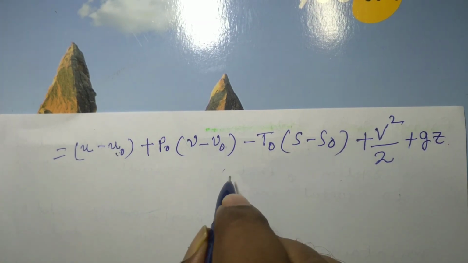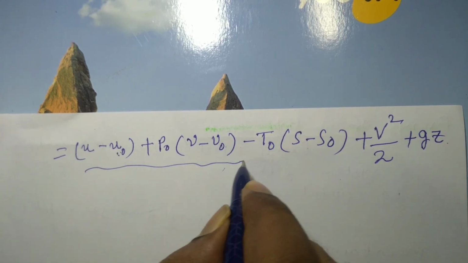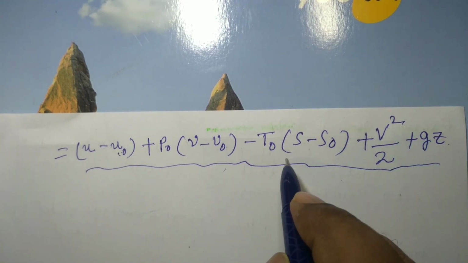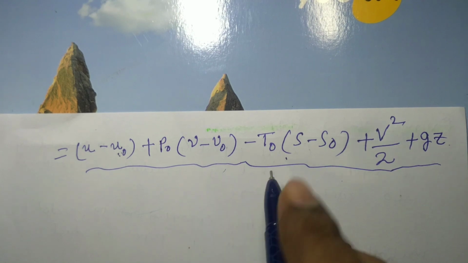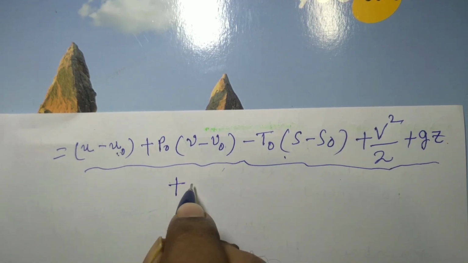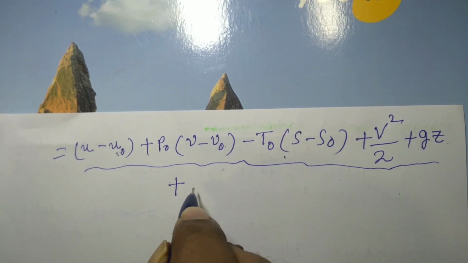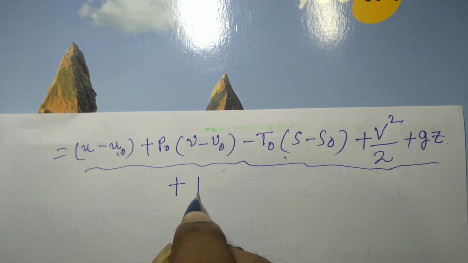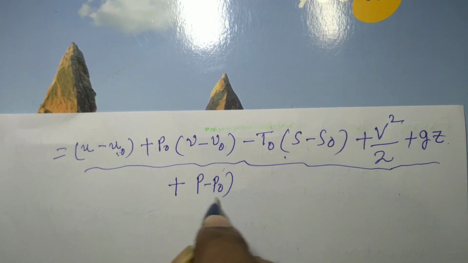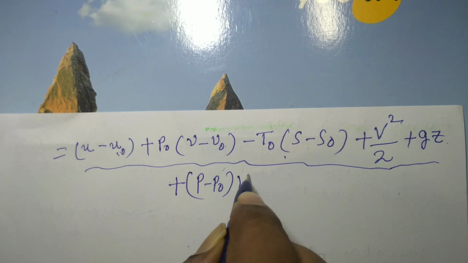And this is the exergy associated with a closed system, and we will add to this the exergy associated with flow energy, and that is P minus P0 multiplied by v.